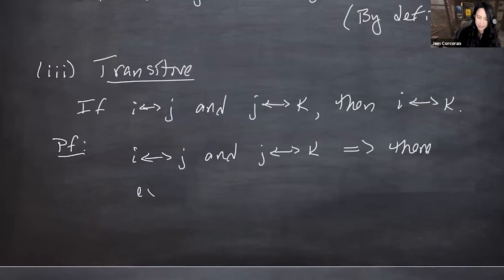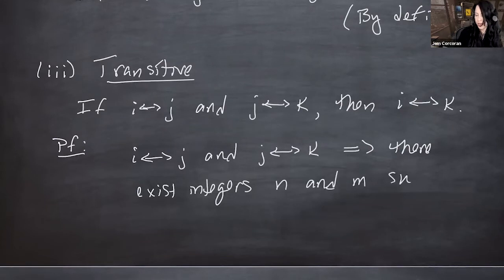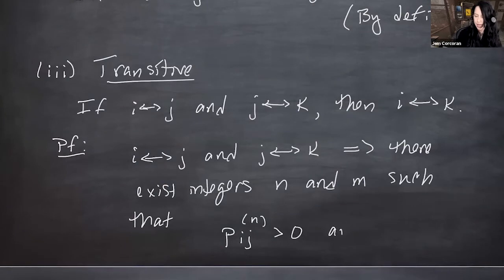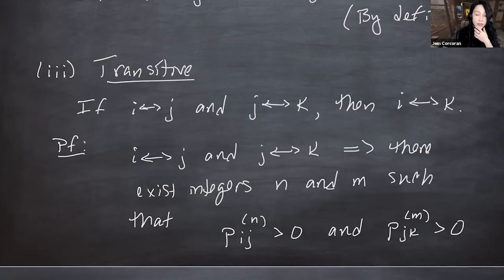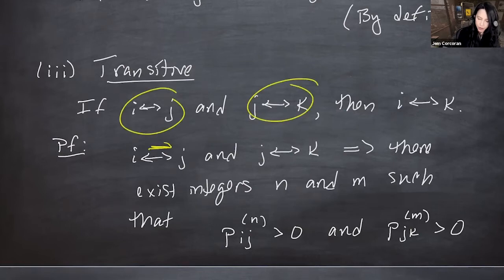So there exist integers n and m such that I can go from I to J with some positive probability in n steps, and I can go from J to K in m steps with positive probability. So there's also two more integers of interest, and that is going backwards. So really, I'm looking at part of the definition of this, and I'm only looking in one direction right now.